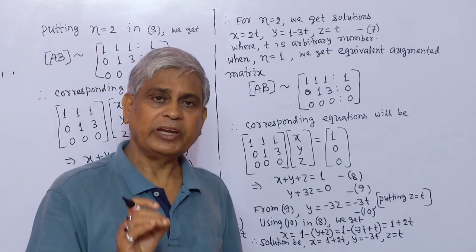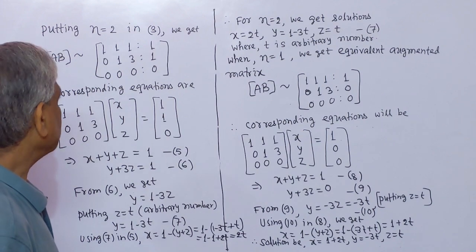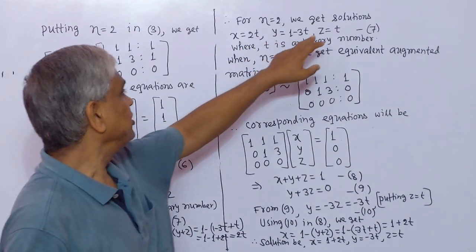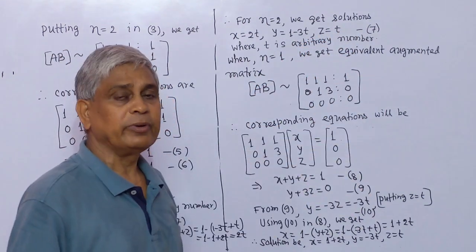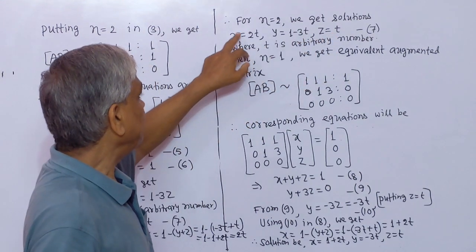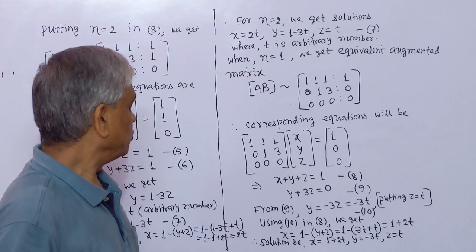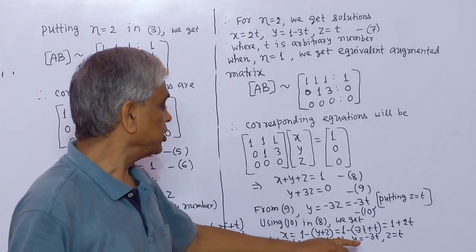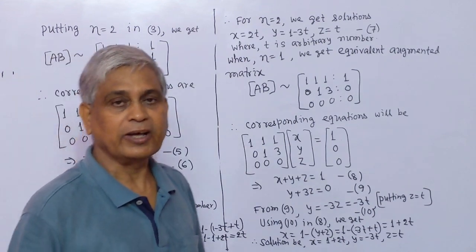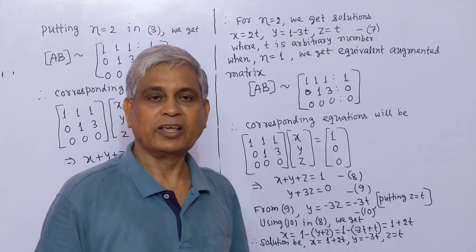For eta equal to 2, x equal to 2t, y equal to 1 minus 3t and z equal to t, where t is an arbitrary number. This is arbitrary, so we get an infinite number of solutions. And for eta equal to 1, we get x equal to 1 plus 2t, y equal to minus 3t and z equal to t. t is arbitrary. Here also we get an infinite number of solutions.